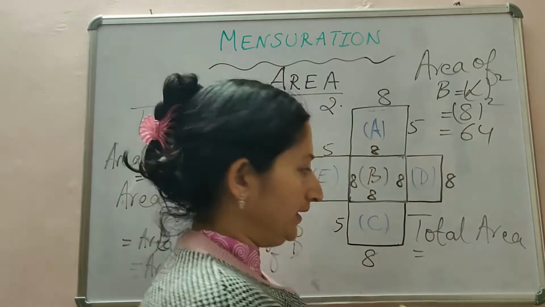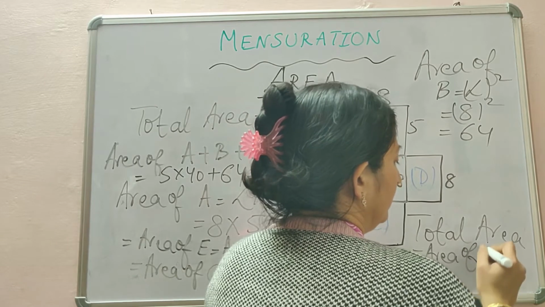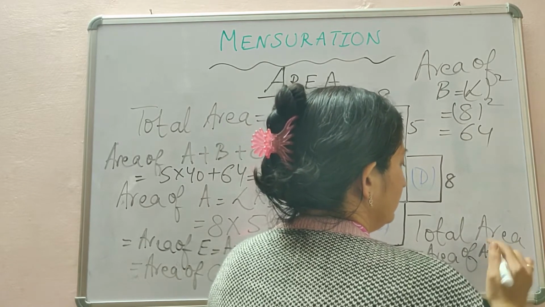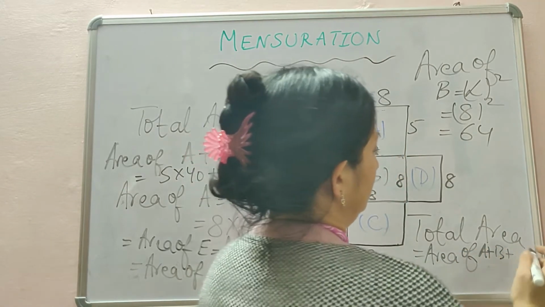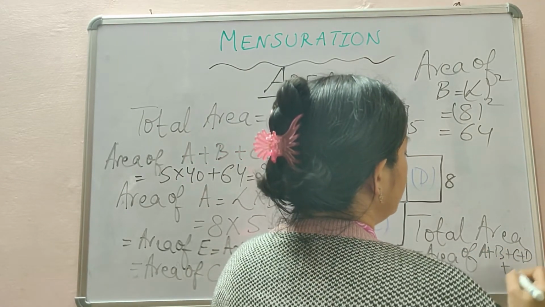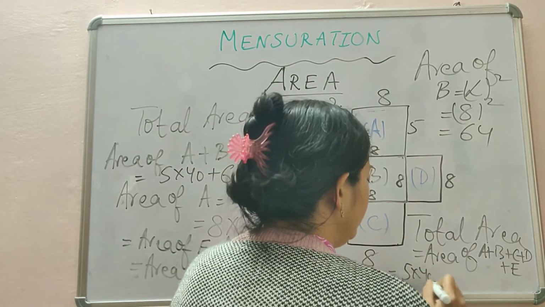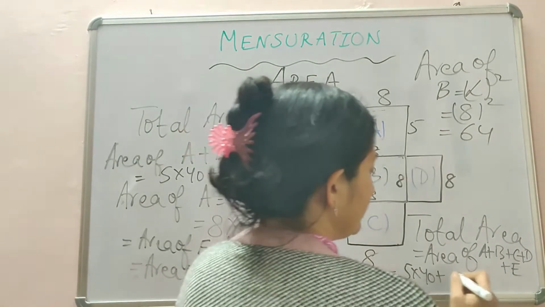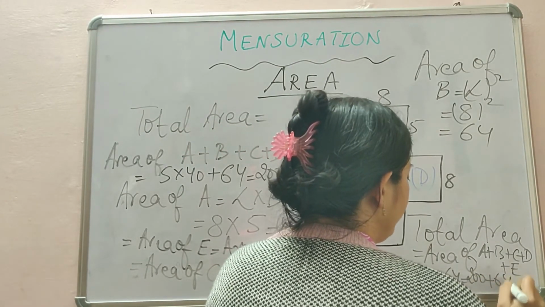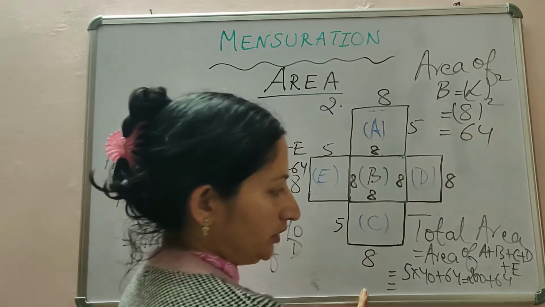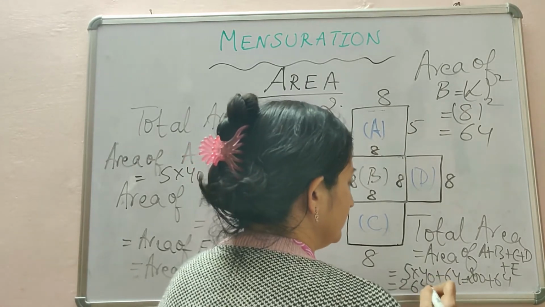Once again I am writing here, area of A plus B plus C plus D plus E, which is equal to 5 into 40 plus 64, and that is equal to 200 plus 64, and this is equal to 264. That is the answer.